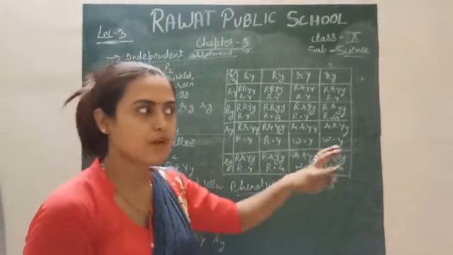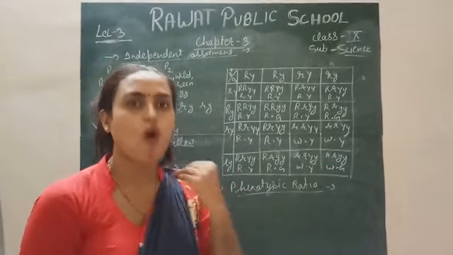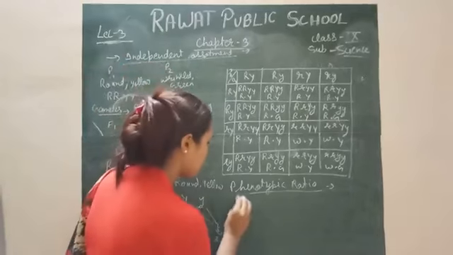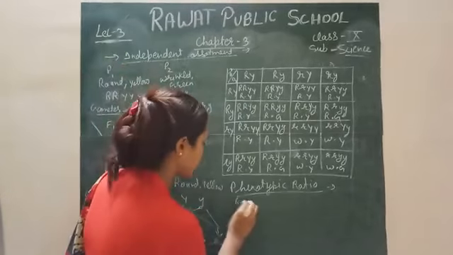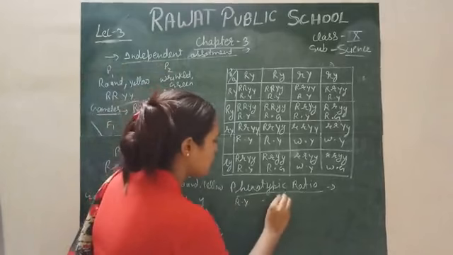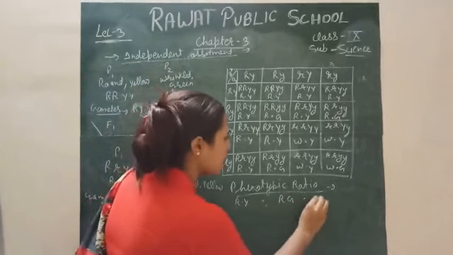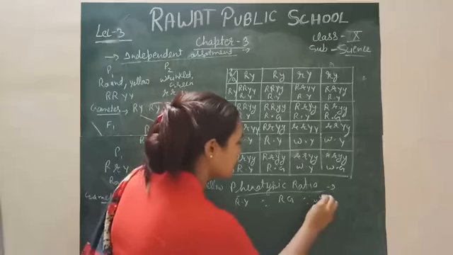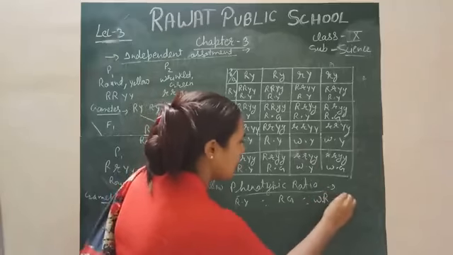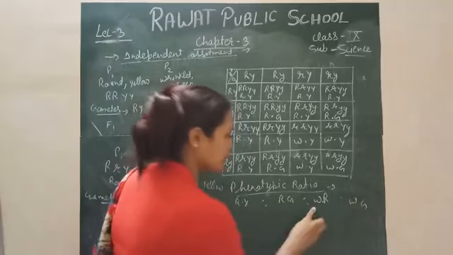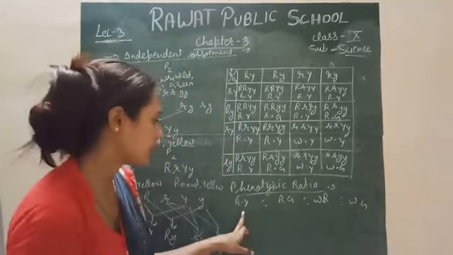It means we have a total of 4 types of progeny. What are they? Round yellow, round green, wrinkled yellow and wrinkled green. These are the short forms, please understand, right?